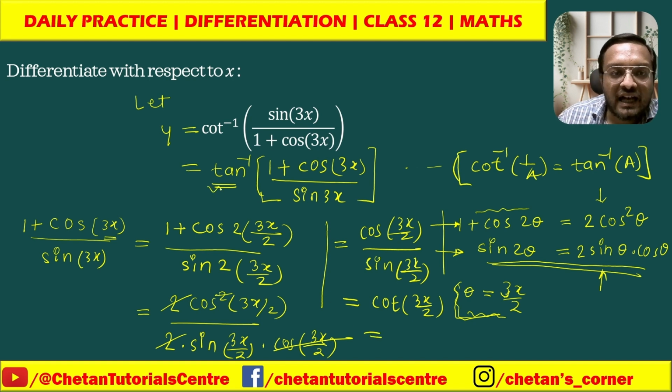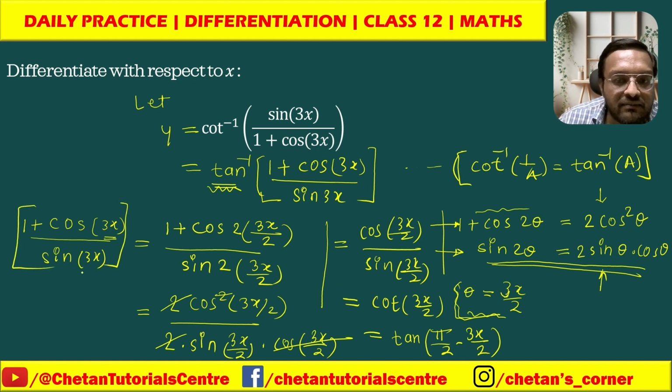Now here you can see that I have tan inverse, so I will convert this cot into tan. Then what I will get, tan of pi by 2 minus 3x upon 2. So in this way I have converted the term inside the bracket in terms of tan, that is tan of pi by 2 minus 3x upon 2.